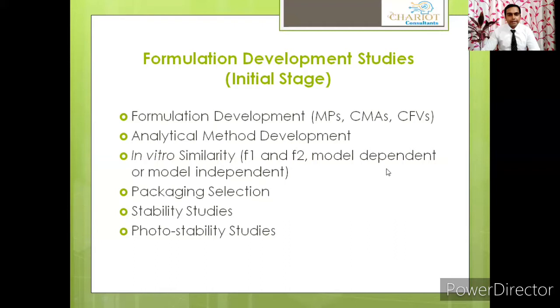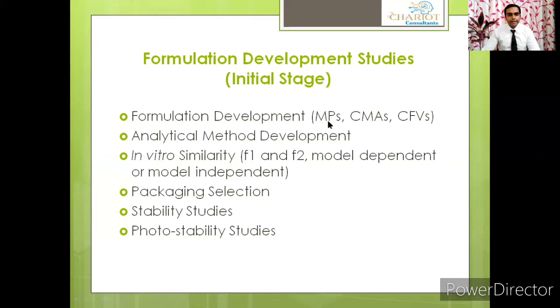For example, you are working on different particle sizes, you need to evaluate them for the dissolution impact, and whichever dissolution is comparable with the innovator in terms of F1, F2, you need to finalize that particle size.